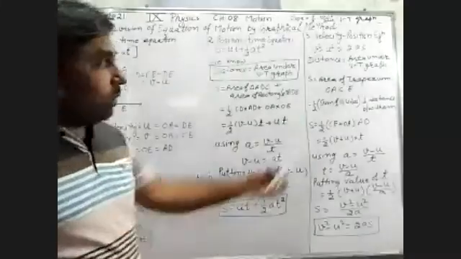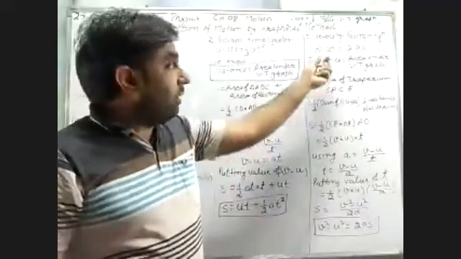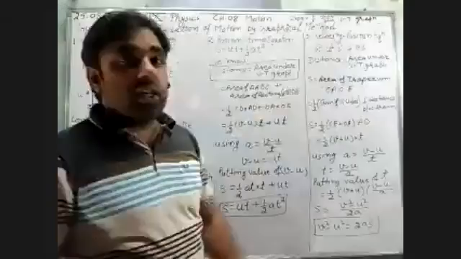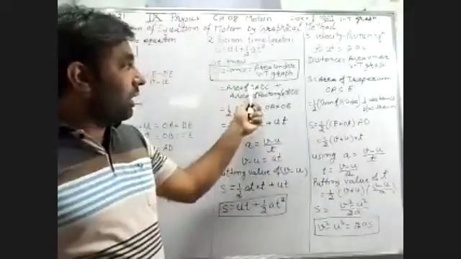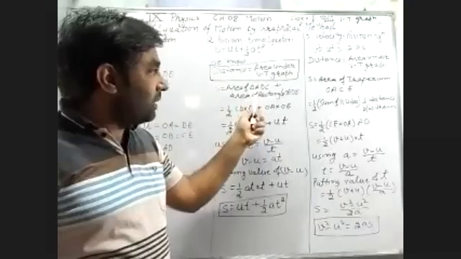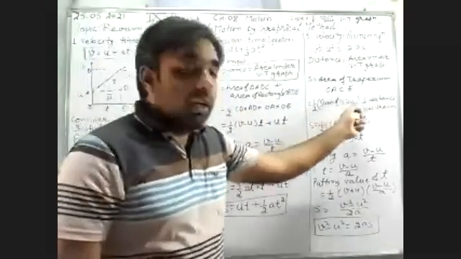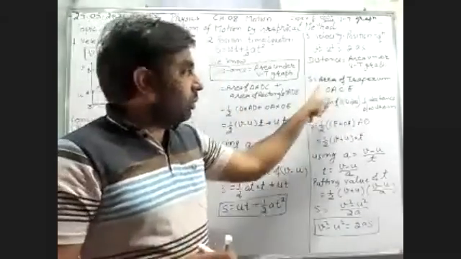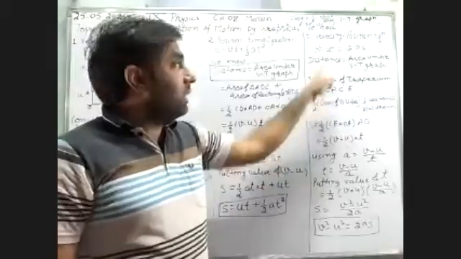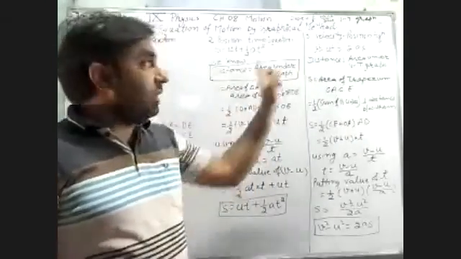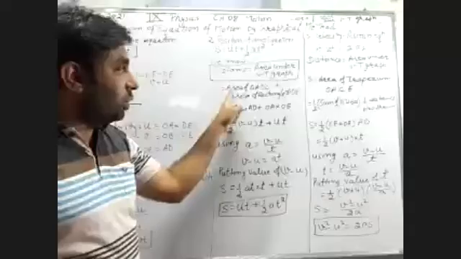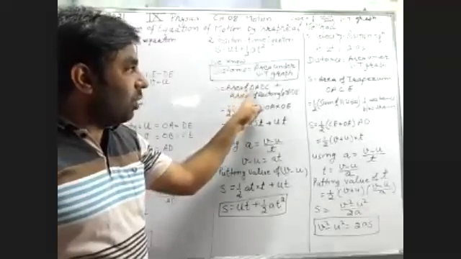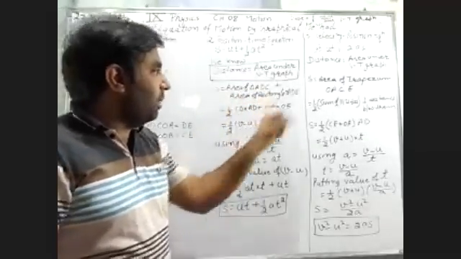But while we derive the third equation, again the area under the VT graph, but we will not use rectangle plus triangle. We will use the area of a trapezium. For the derivation of the second equation, we will use the area of triangle plus the area of rectangle.